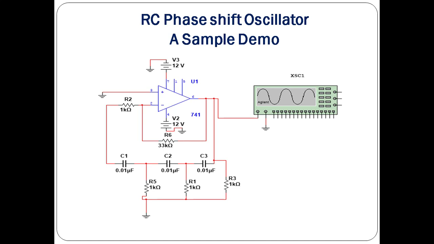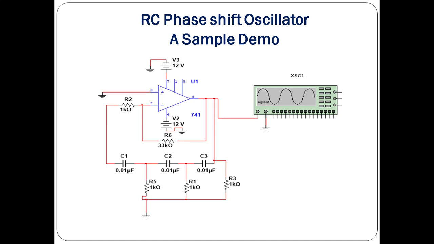As you all know that oscillator is a circuit which will generate sinusoidal oscillations of the given frequency. Here the circuit is designed to generate sustained oscillations for the required frequency.